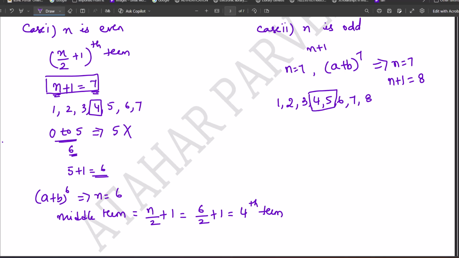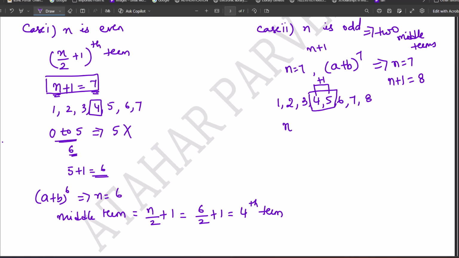And how did I get the next middle term? First middle term is 4. How did I get the next middle term 5? I just added 1 here. So that logic only we will apply to find the two middle terms here. So if n is odd, you will have two middle terms. What are the formulae to find those two middle terms?